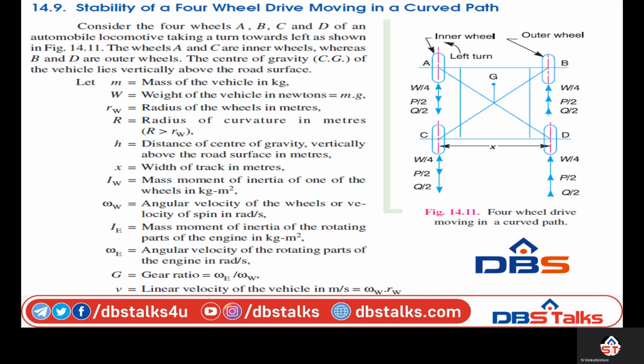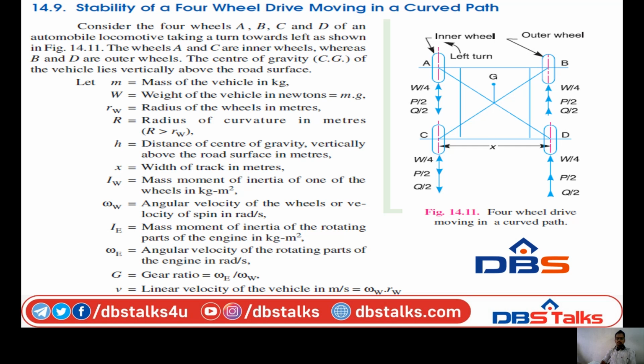Next, let us consider the effect of gyroscopic couple and centrifugal couple on a vehicle. For a ship, it is the effect of gyroscopic couple during pitching, steering and rolling. Here the effect of gyroscopic couple and centrifugal couple on a vehicle is to be found.